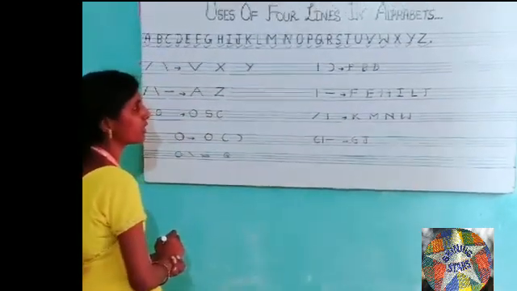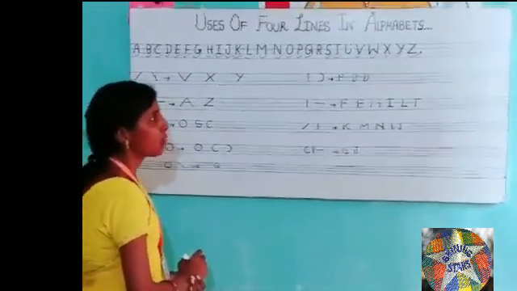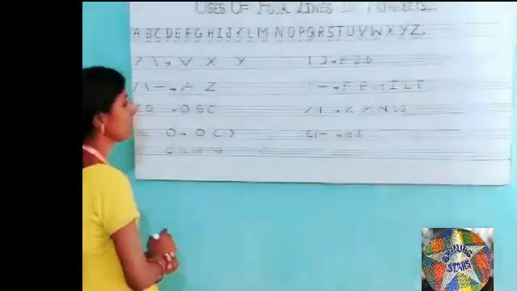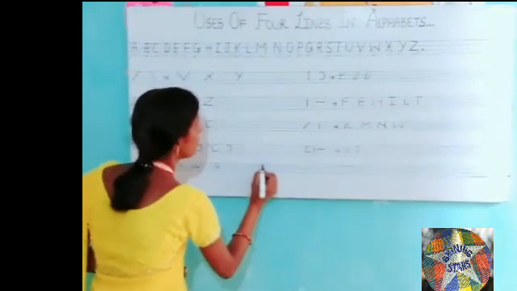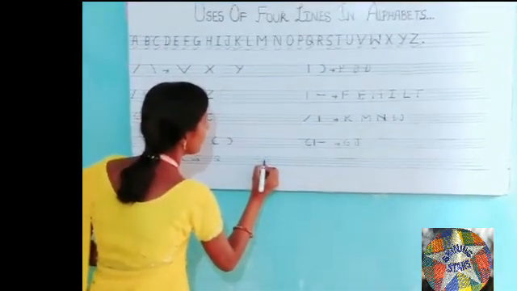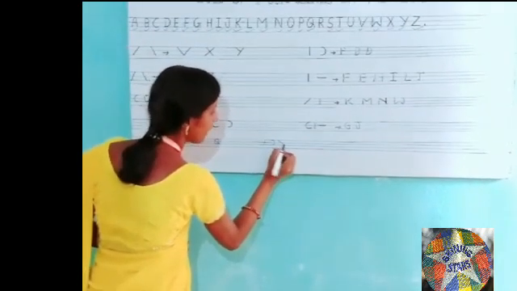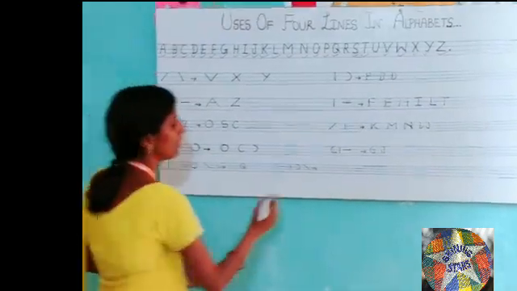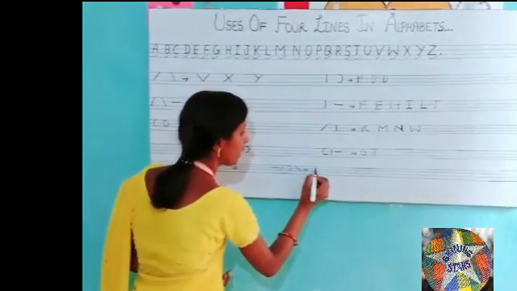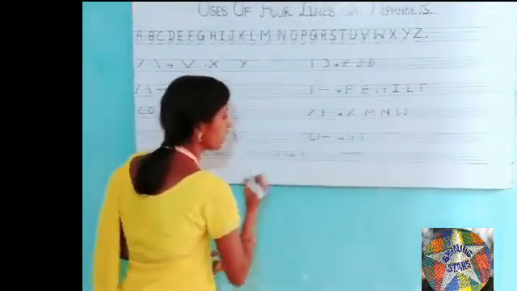R is made with a standing line, a semicircle and a slant line. Is there any standing line, semicircle and slant line? No. So we will draw a standing line, semicircle and slant line. What will we make? R. First we draw a standing line, from the first blue line to the second green line.